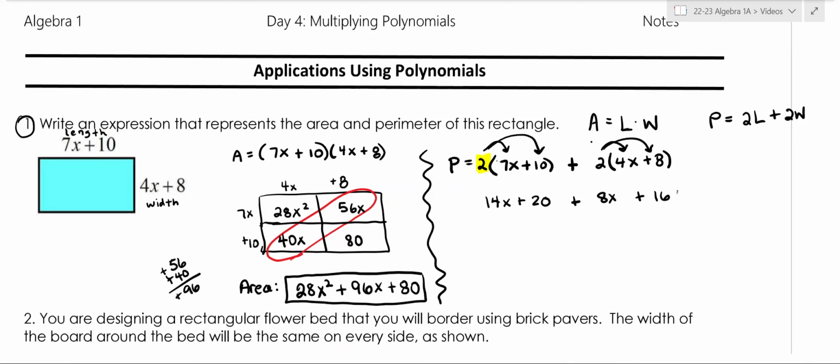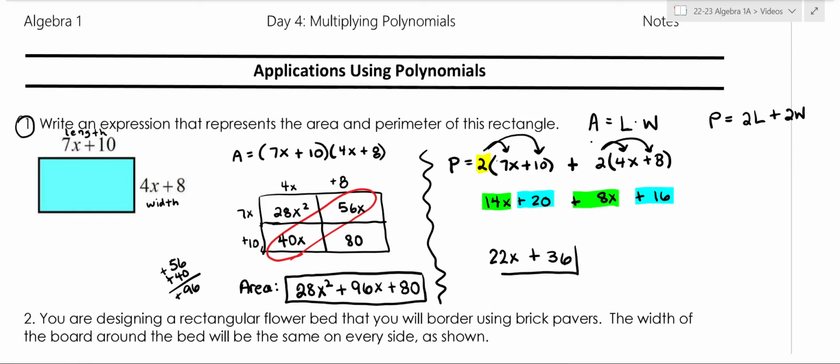All right, so after we distribute, we now identify like terms. It's 14x and a positive 8x, and a positive 20 and a positive 16. 14x plus 8x is 22x, and 20 and 16 should be 36.